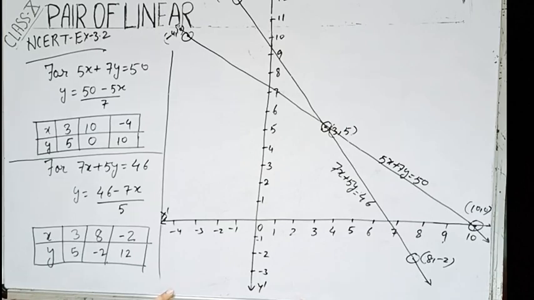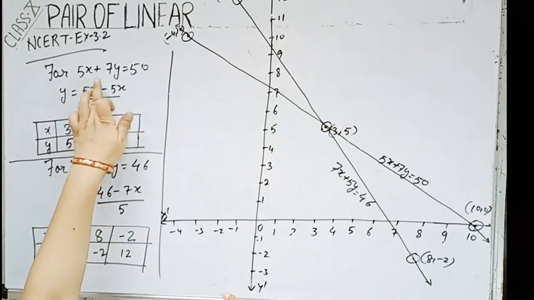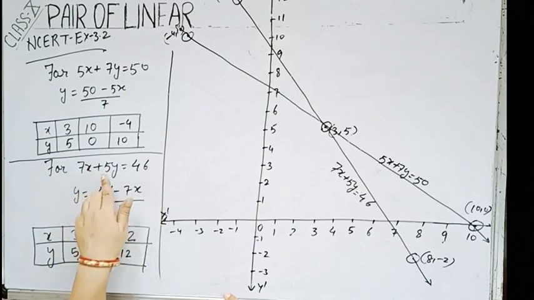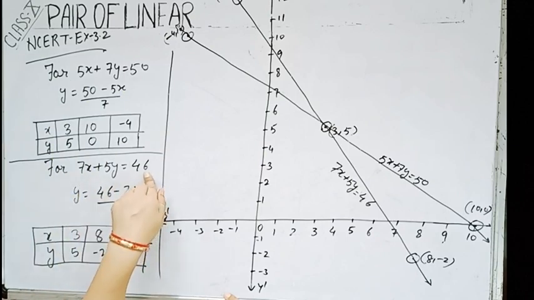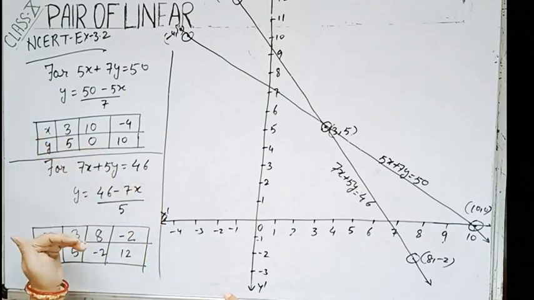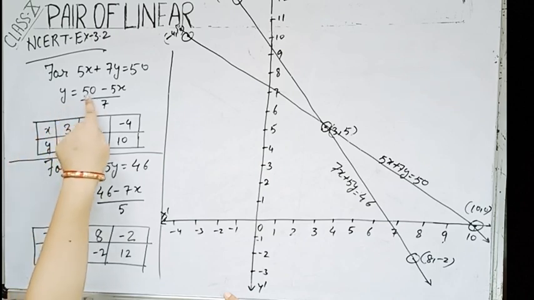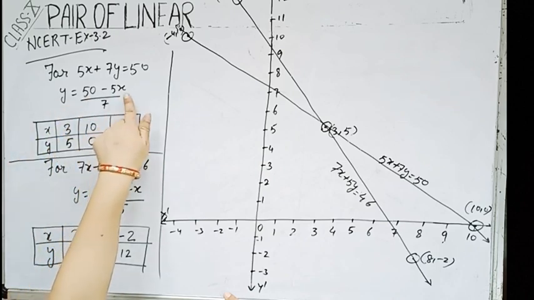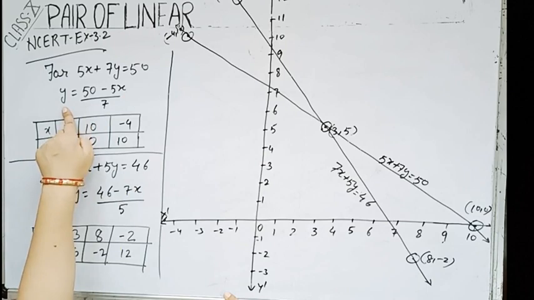Let us draw the graph of the system of linear equations which we have got from the given statements. The two equations which we have got are 5x plus 7y equals 50 and 7x plus 5y equals 46. Again we will take the values, meaning y equals 50 minus 5x by 7. Putting different values of x, we will get the values of y.